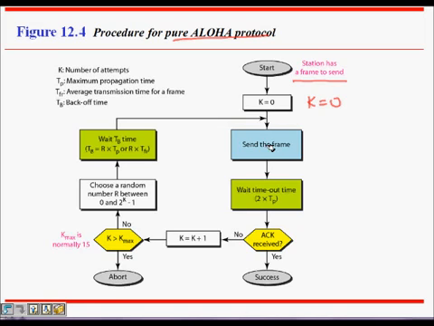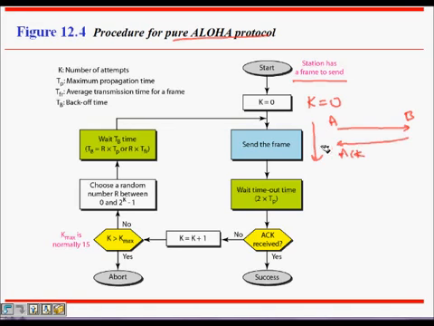Now the station starts sending its frame. I am station A, sending to station B. I transmit, and how will I know that I have succeeded? B will send me an ACK.